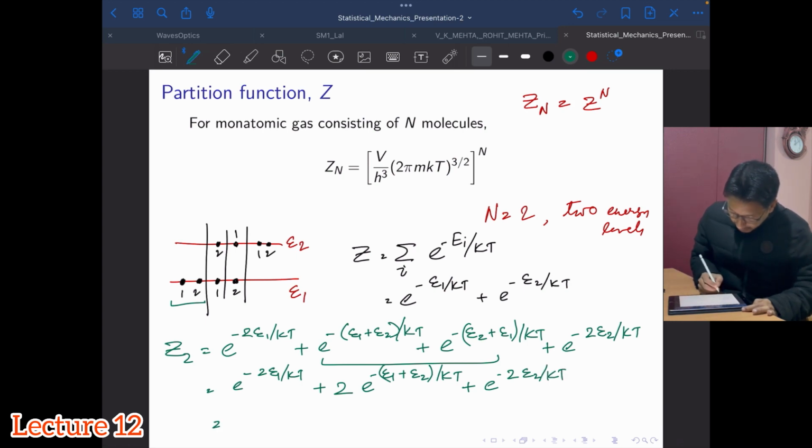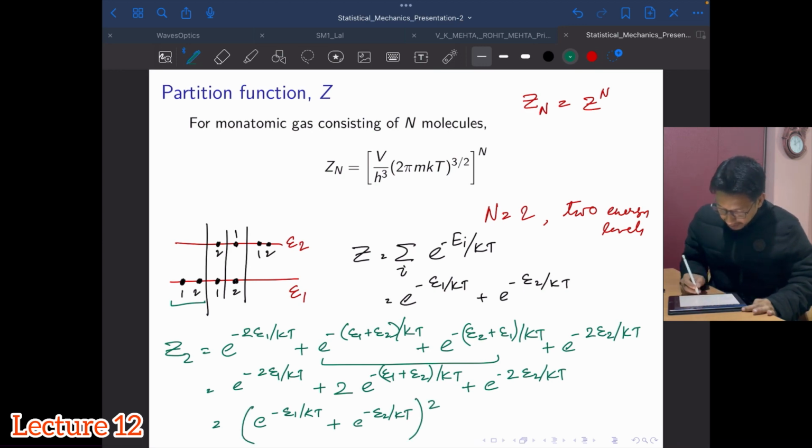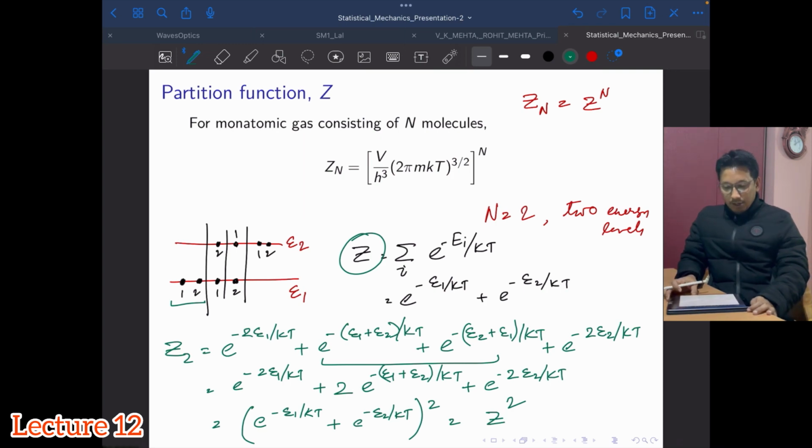So I will end up with something like (a plus b) whole square, twice ab you can think about, which is as good as saying that whatever Z I have written here, it is Z square, isn't it?